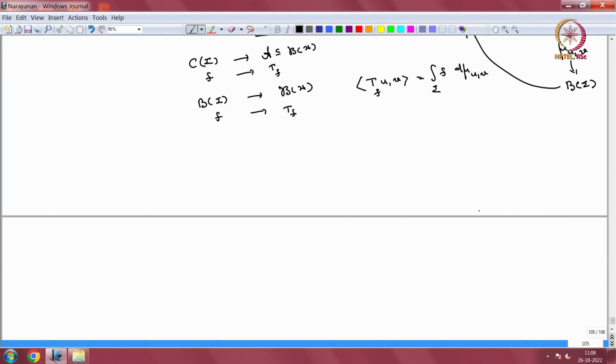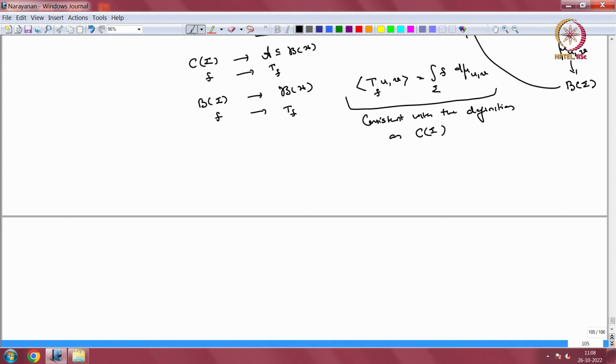Okay. So, notice that this definition is consistent with the already existing definition on C sigma.